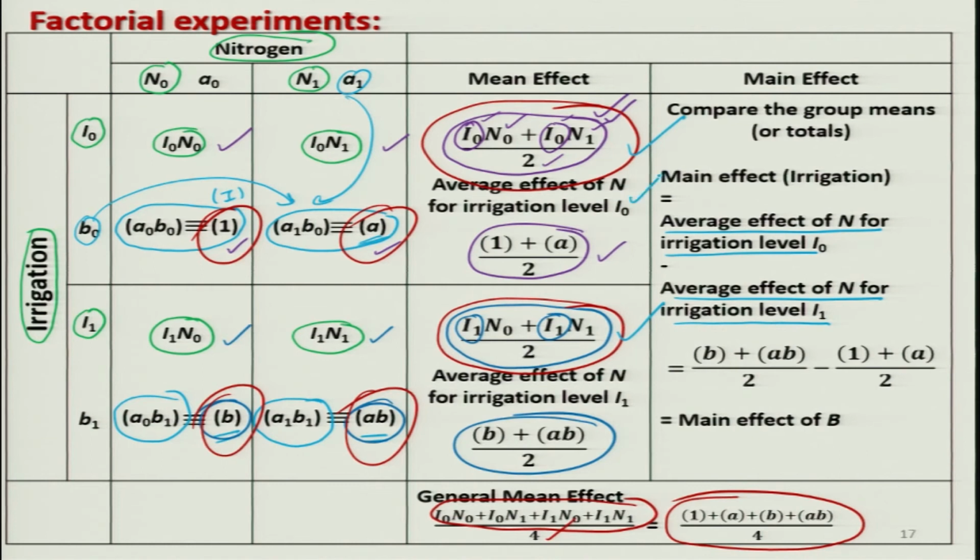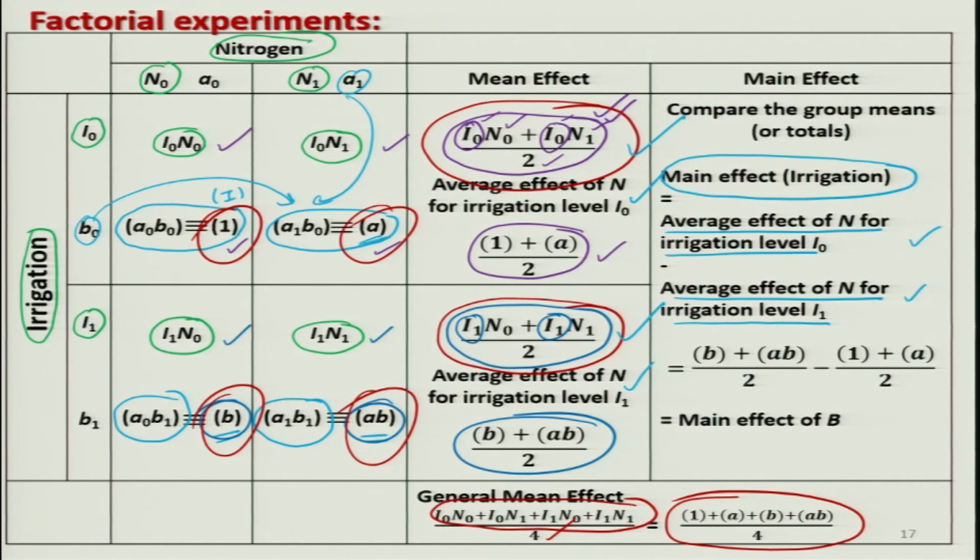Right, you can see these are the two terms which I have used here. Now, if you see what it is trying to give you here, the effect of nitrogen is going to be the same in both these average effects, and then you are trying to see the effect of this irrigation. So, can you call this difference the main effect due to irrigation?